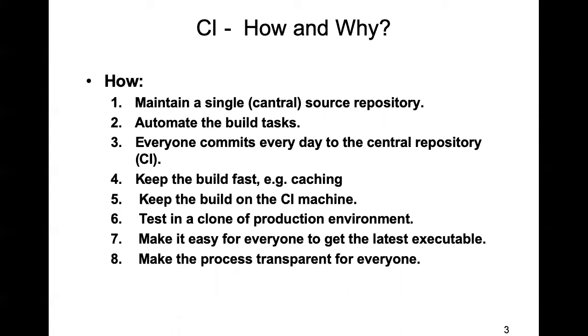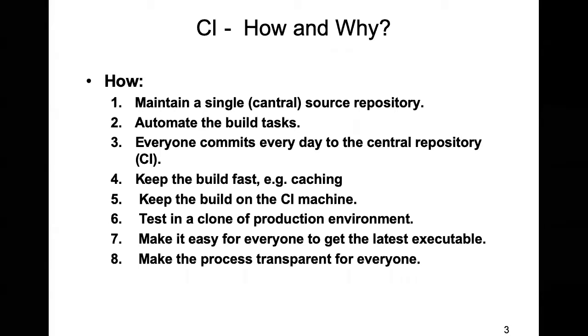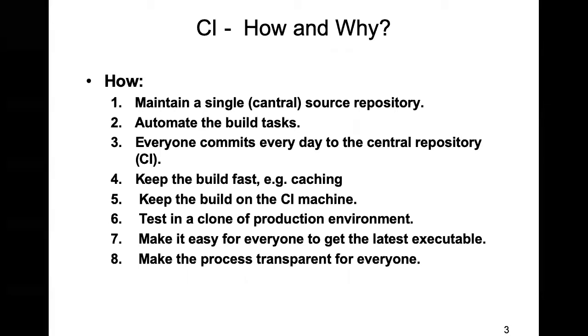Number 7, it's very important that everybody has access to the results of the last continuous integration build that was carried out. And as we'll see, there are usually third-party services. In fact, Cypress has it.